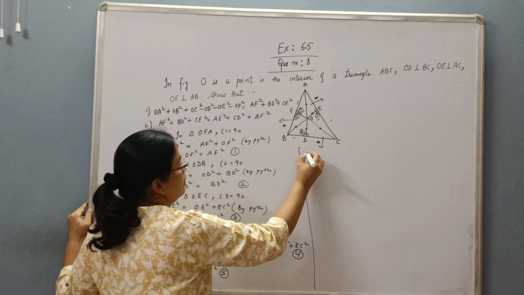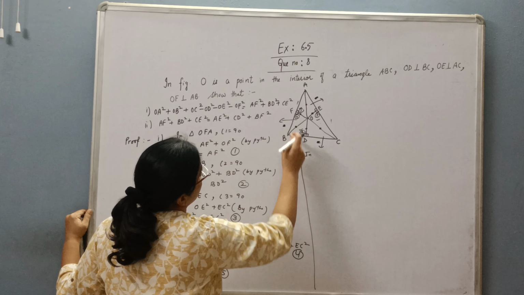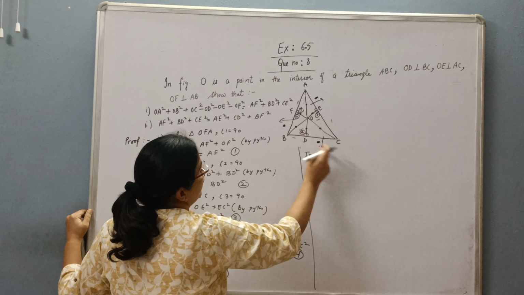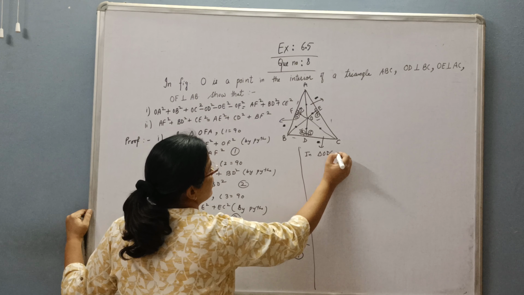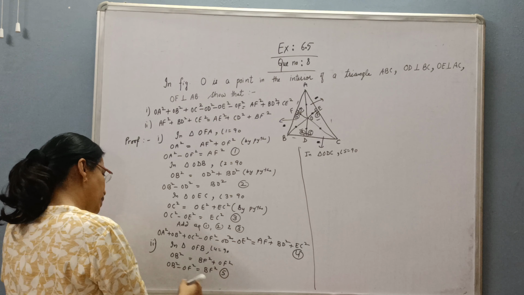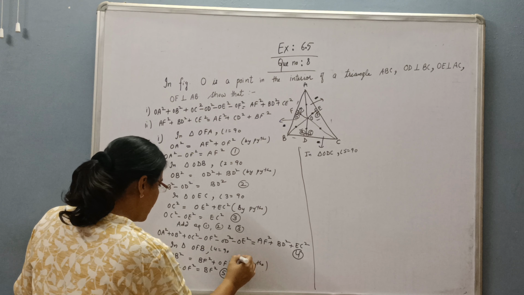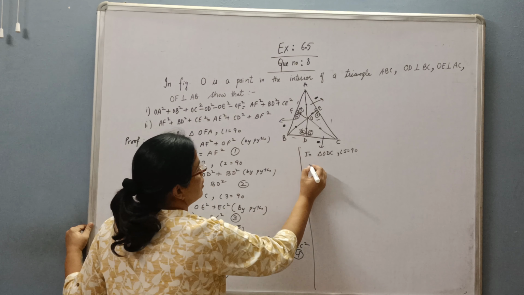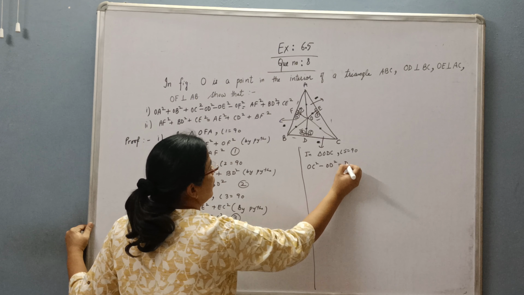Now we will consider the next triangle, that is triangle ODC. In triangle ODC, angle 5 is 90 degrees, so we will apply Pythagoras. Now I am applying Pythagoras directly, that is OC square minus OD square is equal to DC square.